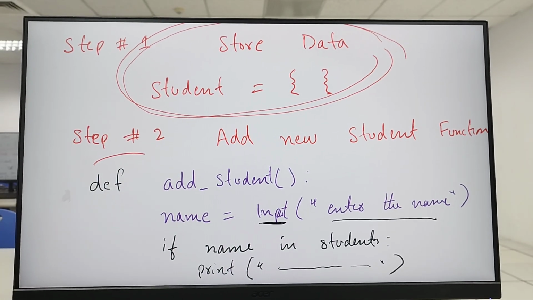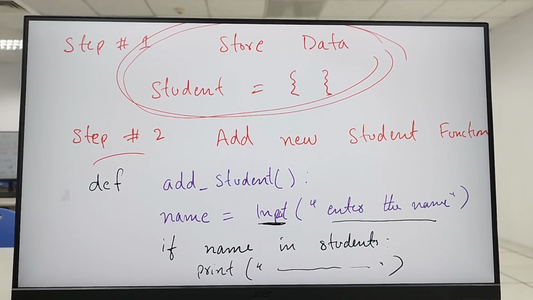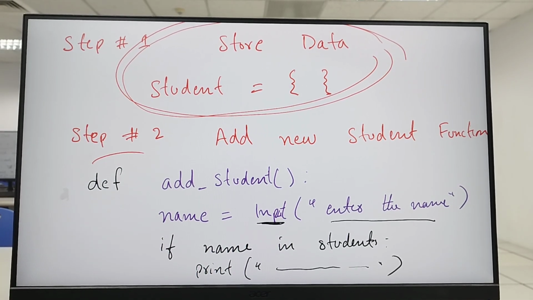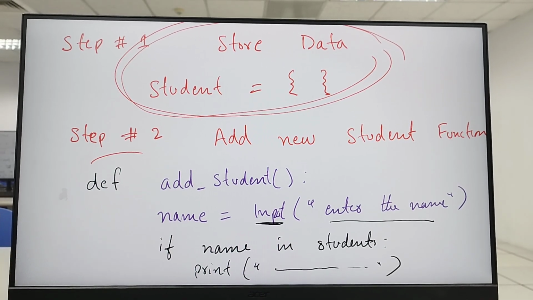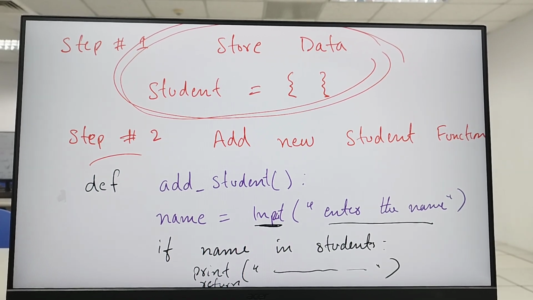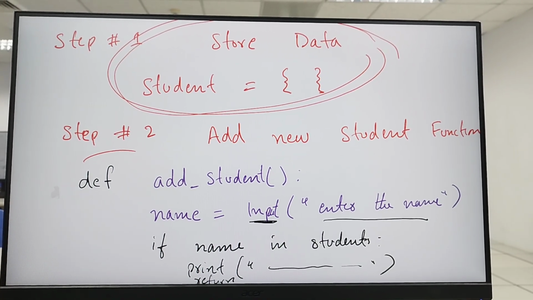Okay. What will be the second option? Else you need to return. The second option will be return. You can write return here. And then you can add that student to the list which you created.